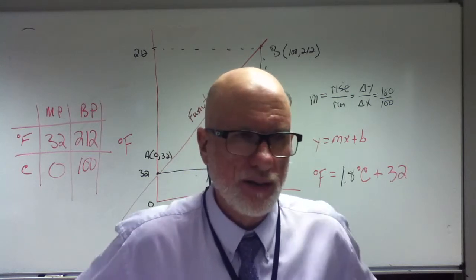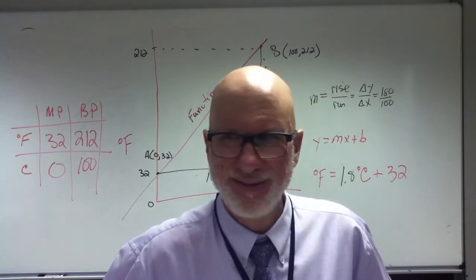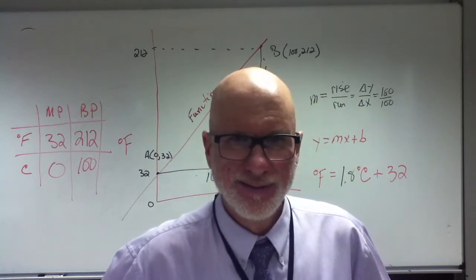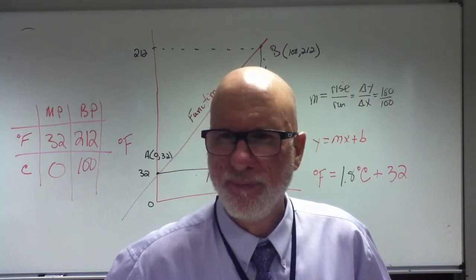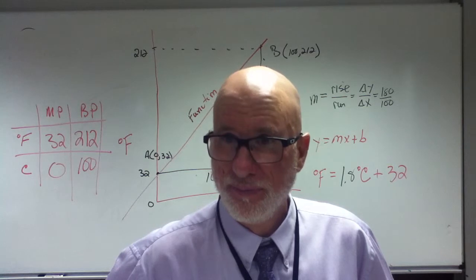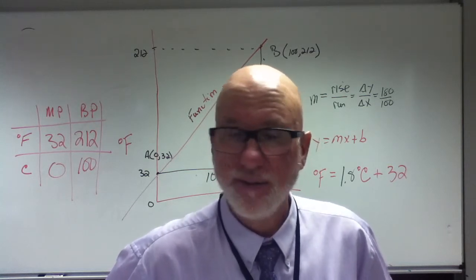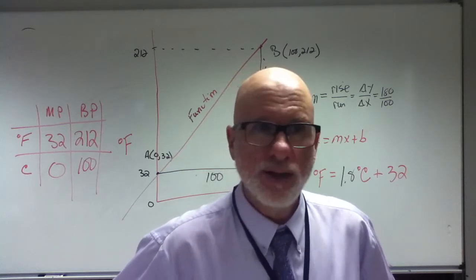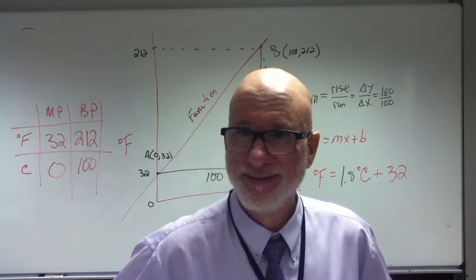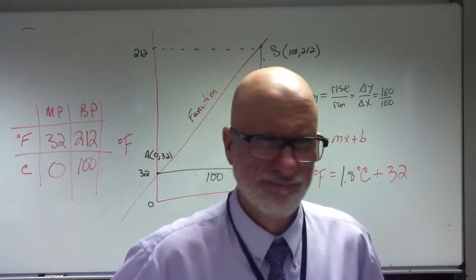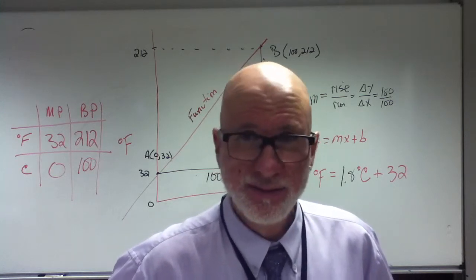What temperature scale do you think is going to be more precise? Just give me a guess. Fahrenheit. Why? Because it has a smaller degree. Yeah, it has a smaller degree. Between freezing and boiling, how many graduations are there? 180.